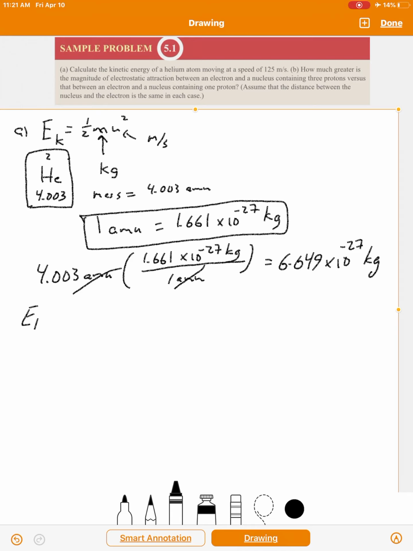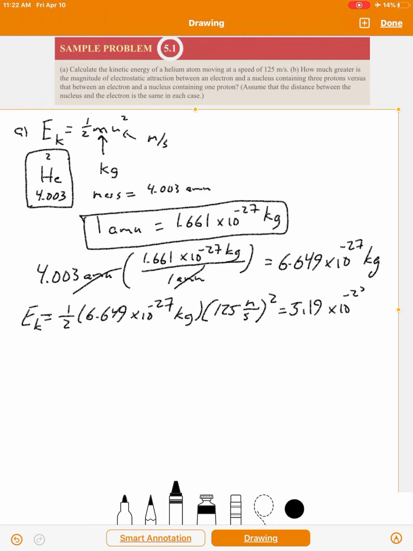So the kinetic energy would be 1/2 times 6.649 times 10 to the minus 27 kilograms, times 125 meters per second, quantity squared, right? So times 0.5 times 125 squared, and you get 5.19 times 10 to the minus 23.